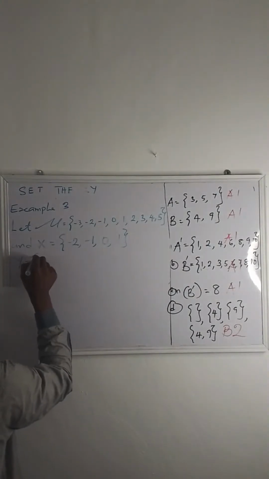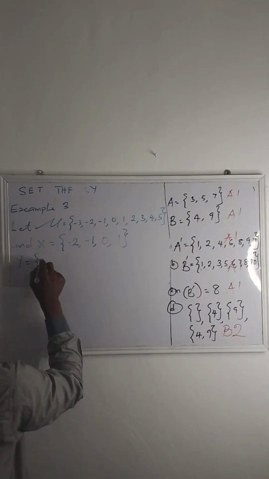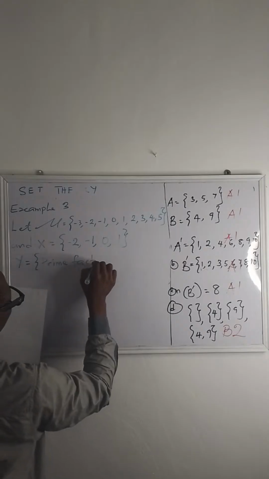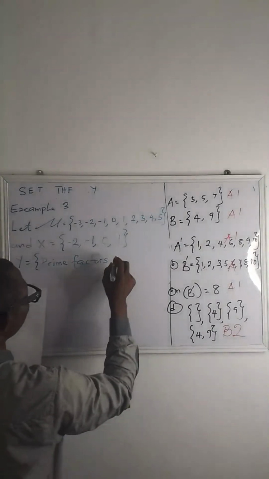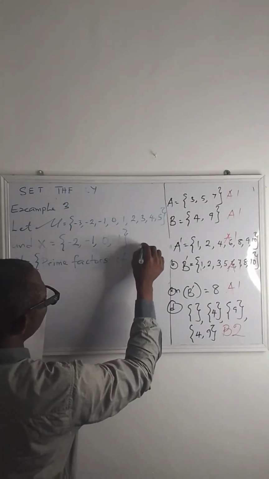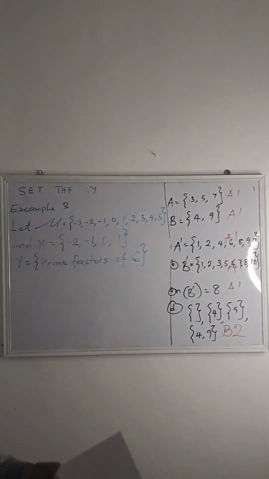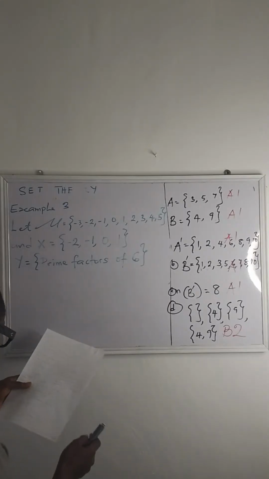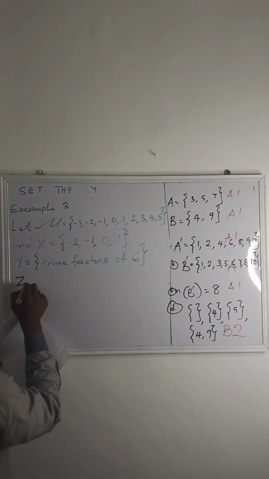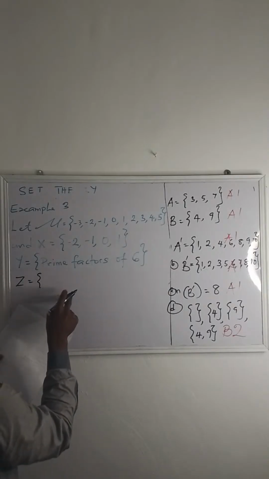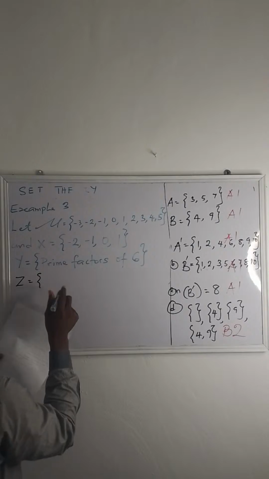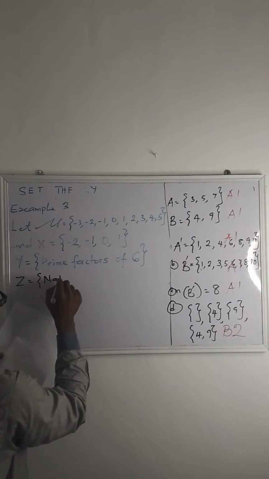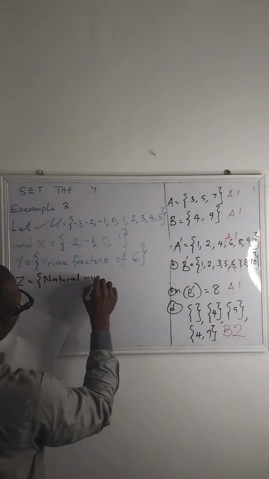Y is the set of prime factors of 6. Z equals natural numbers.